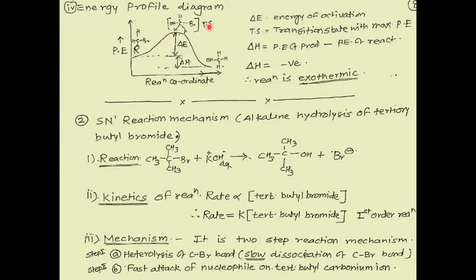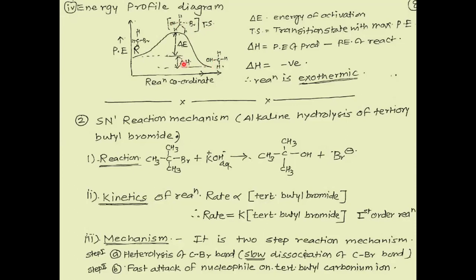In this transition state, the C-OH bond is not yet formed and the C-Br bond is not yet detached. When the C-OH bond forms and the C-Br bond detaches, the energy of the system starts to decrease and reaches the minimum level, where product formation takes place.